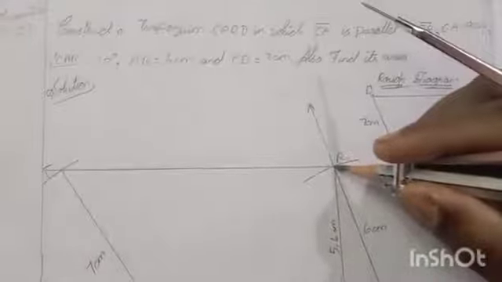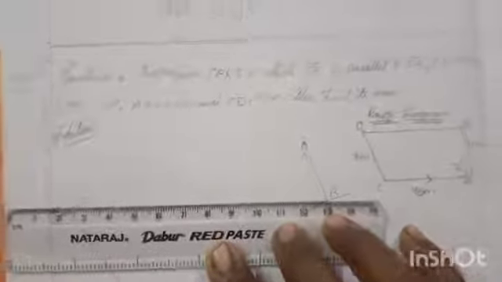After completing that arc, mark this point. Using this point, you have to draw one parallel line.